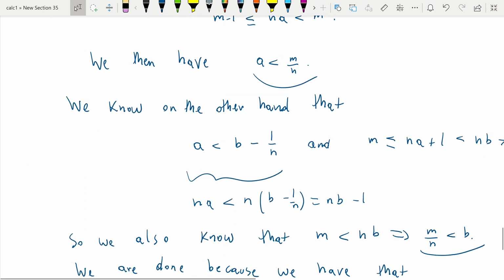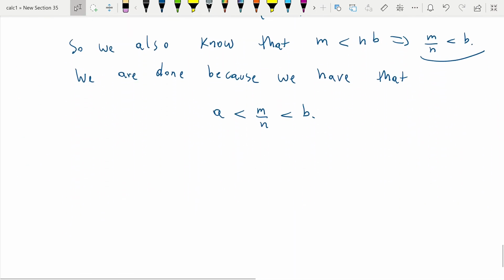So there's a corollary here. Corollary 1.4.4.